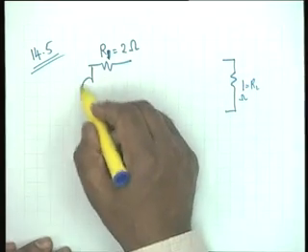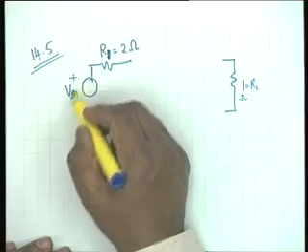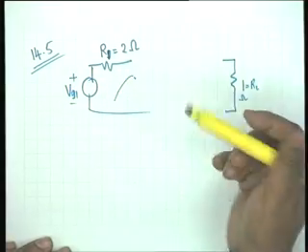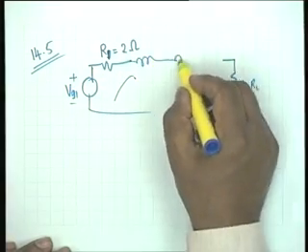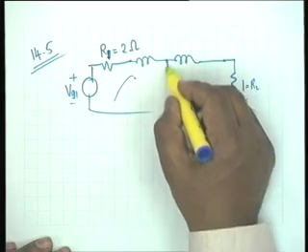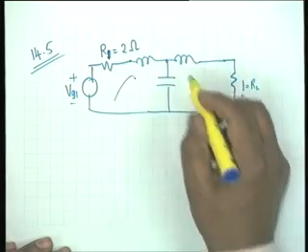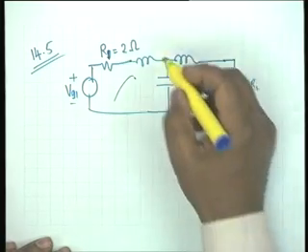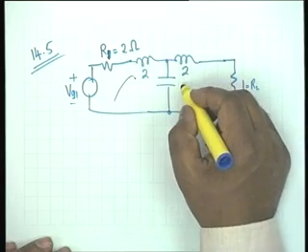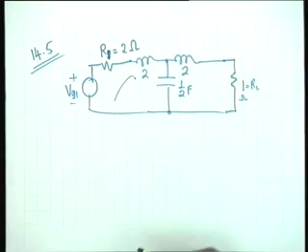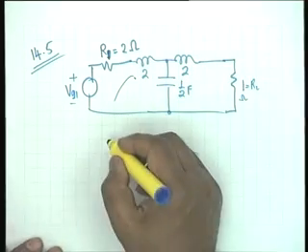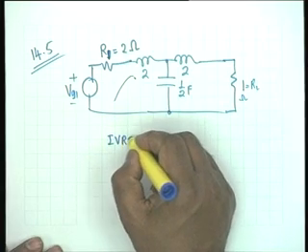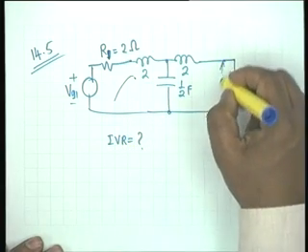In between you have, this is Vg1. In between you have a low pass network like this, and the values are 2 Henry, 2 Henry and half farad. The problem is to calculate IVR. This voltage is V2.